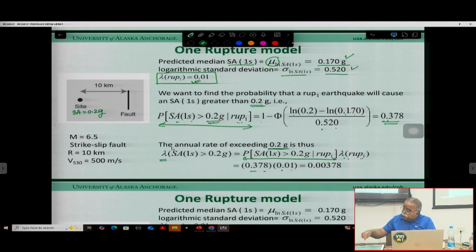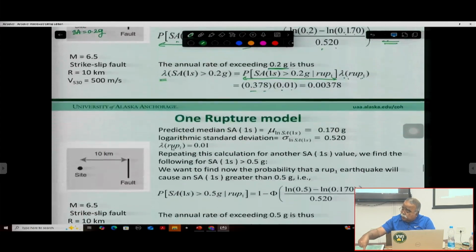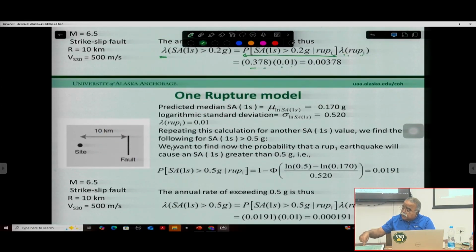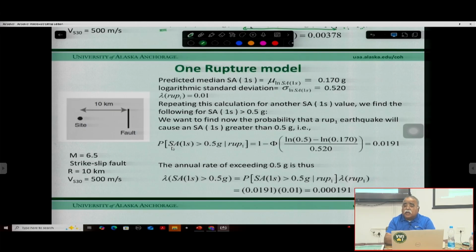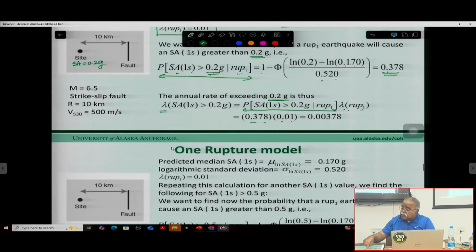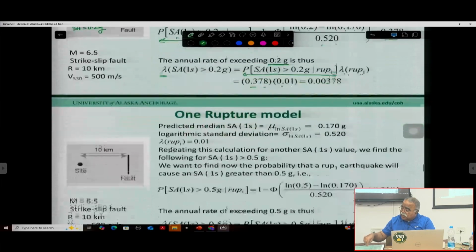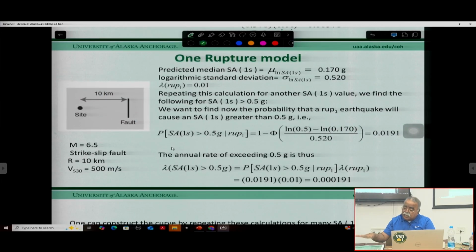Okay, so let's see if we can calculate for 0.5 g. Earlier we calculated for 0.2 g. So let's calculate with 0.5 g for the same thing, right?